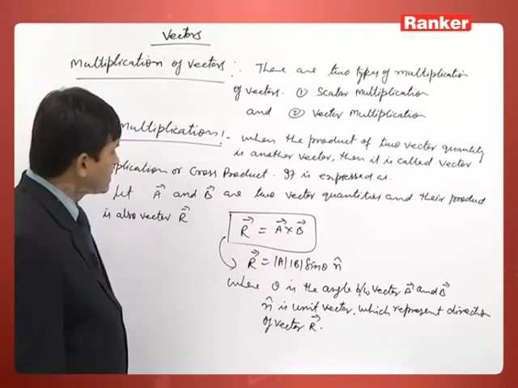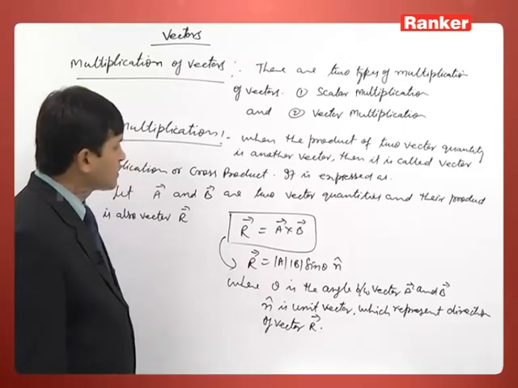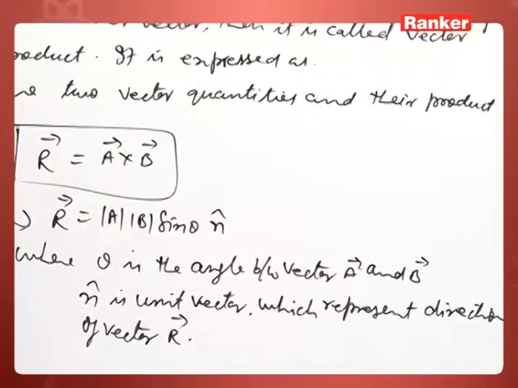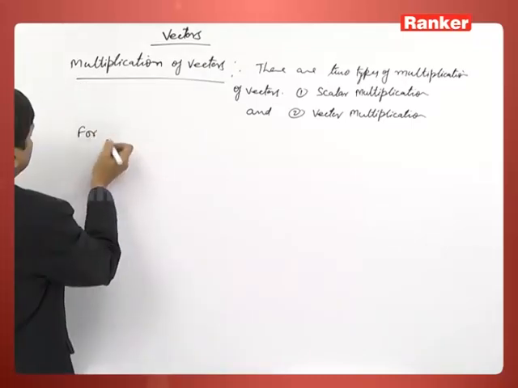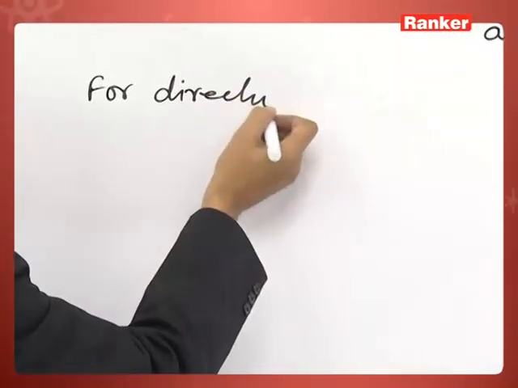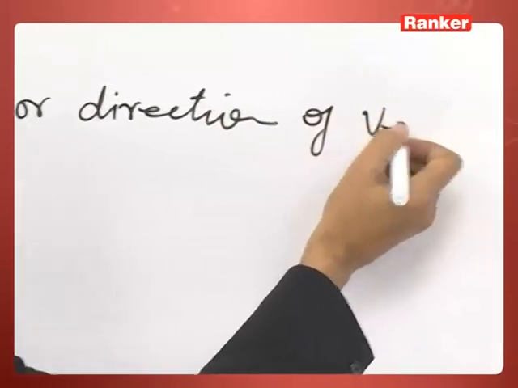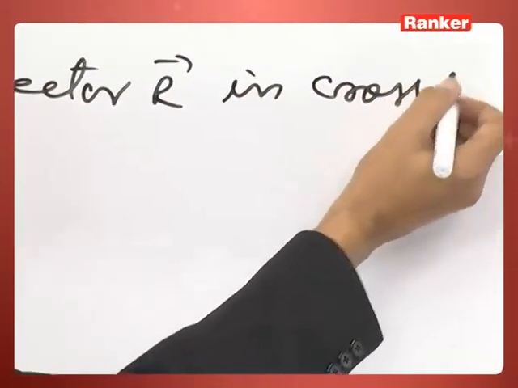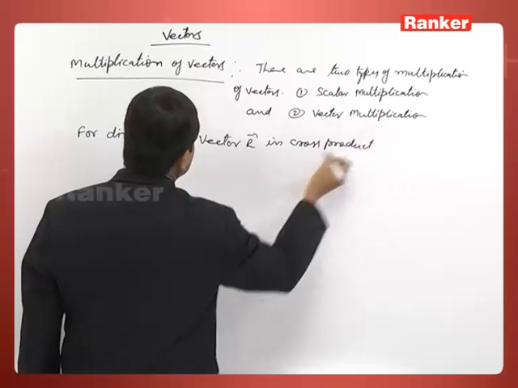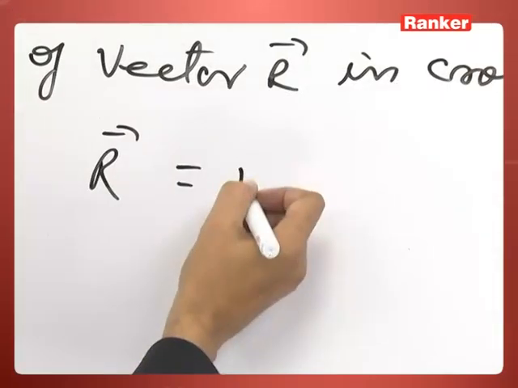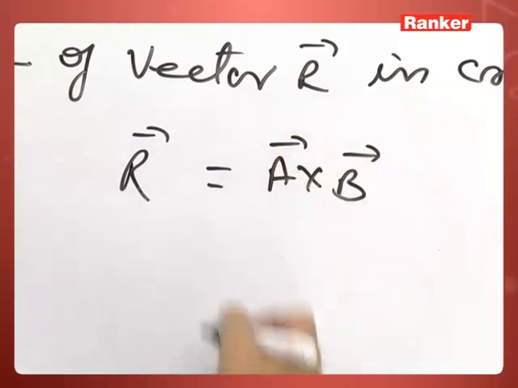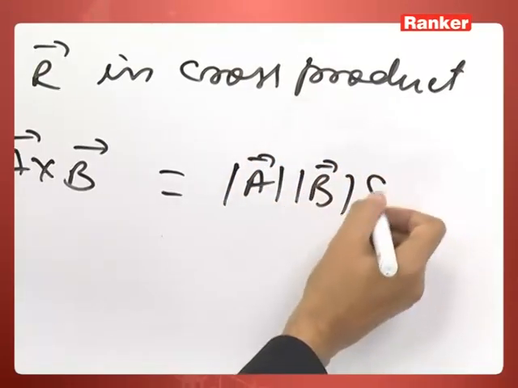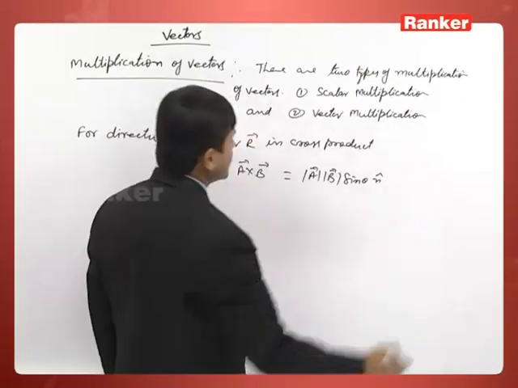So, first of all, how to determine the direction of vector r, and how to get the magnitude of vector r. See here, r is, as we have written over there, A cross B. This is nothing but mod A, mod B, sin theta n cap.